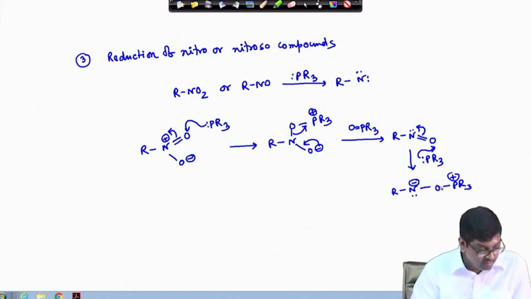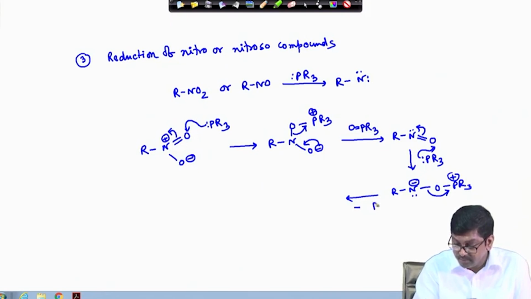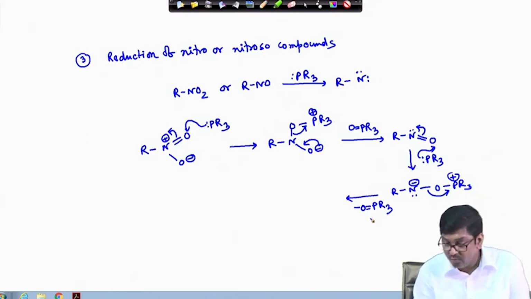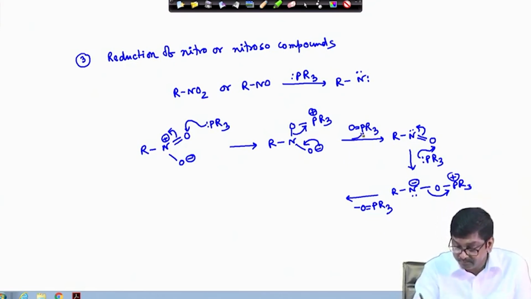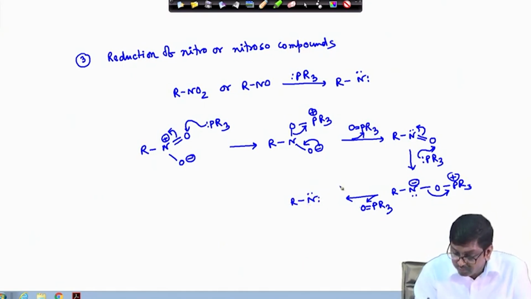And now the alpha elimination, again due to the affinity towards this phosphorus oxygen bond, okay. So, now what will it form? This will generate the corresponding nitrene moiety.